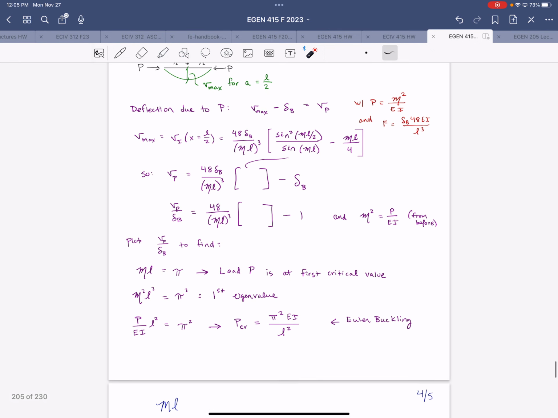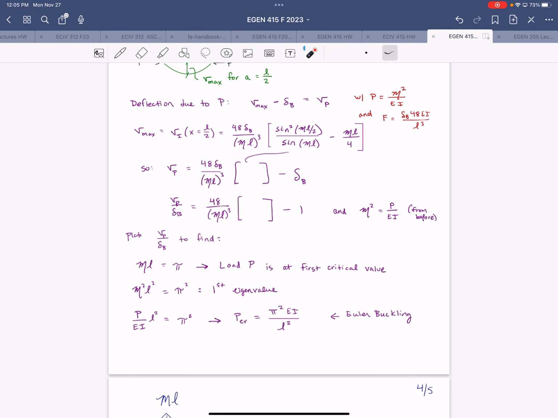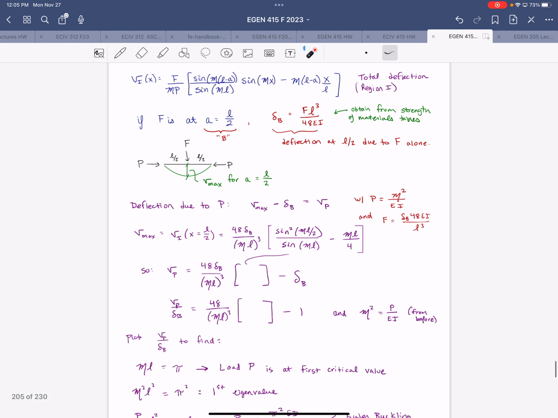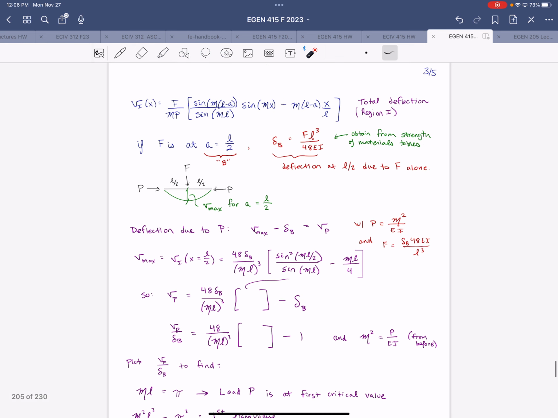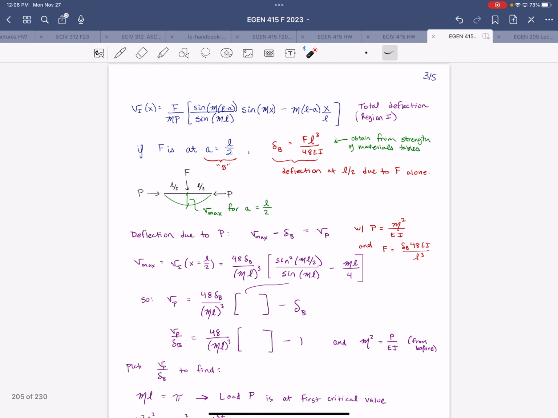All right, so we went through that, and then isolated the component of the deflection that's just due to the axial force. So we were able to find that, and then plotted that portion of the deflection that's just due to the axial force against the lowercase delta b, which is defined here as the deflection at midspan only due to the applied transverse force.